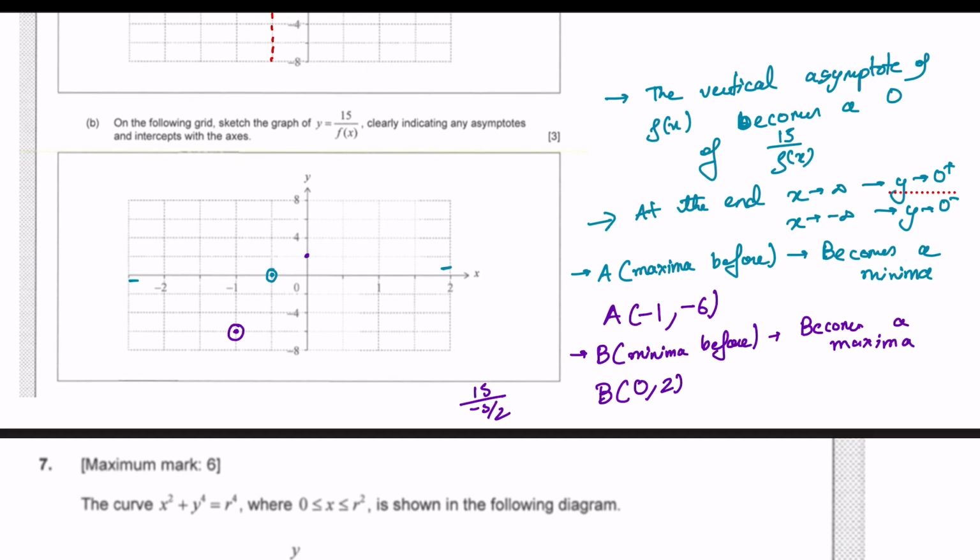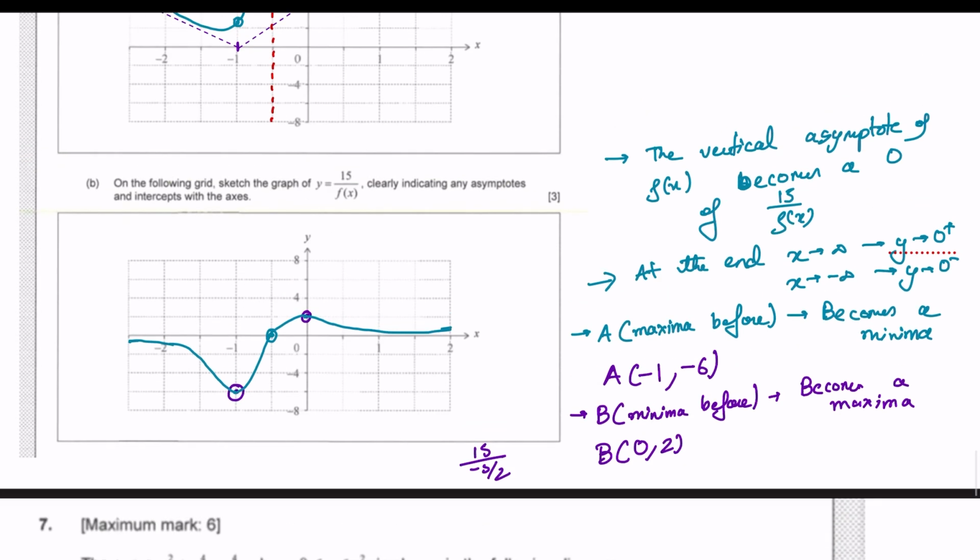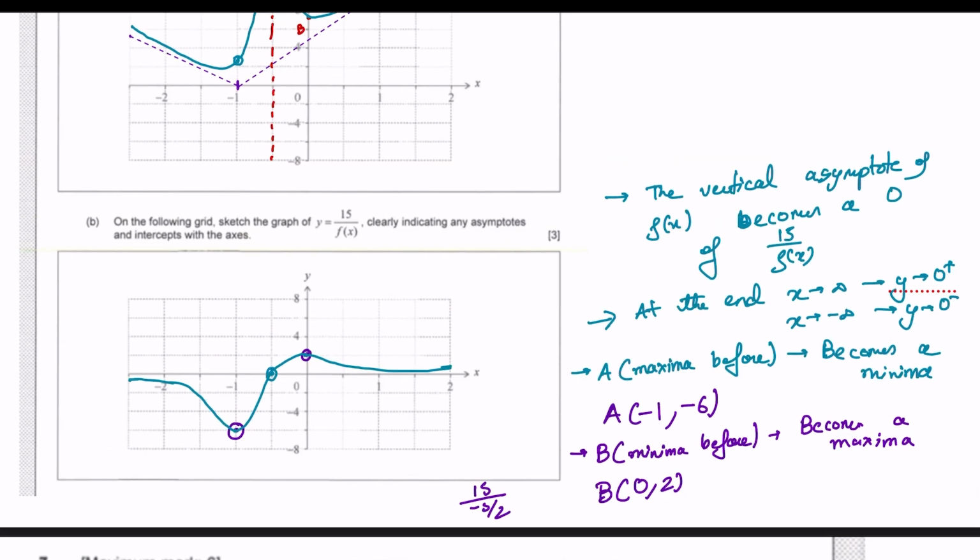So B would be here. And B becomes a maxima, A becomes a minima. So the graph probably will go like this, then this, then this, and then it'll become an asymptote. Go like this. This is the curve of 15 over f(x). Done.